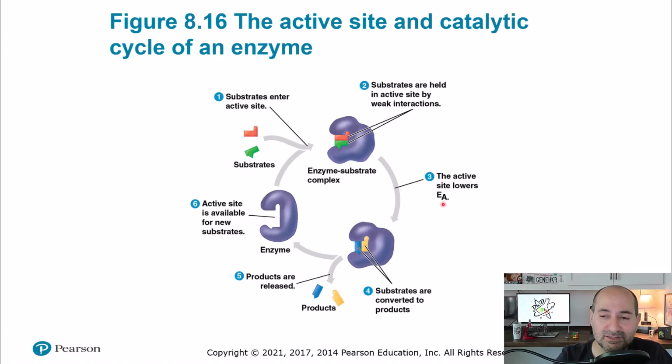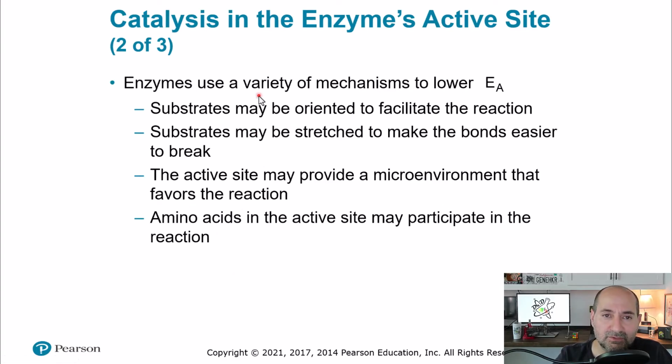Well, let me give you some examples of what exactly is meant when we say an enzyme lowers the activation energy. In fact, this can be done in a number of ways. Here's a variety of mechanisms by which enzymes lower EA. For example, the enzyme might orient substrates to facilitate the reaction.